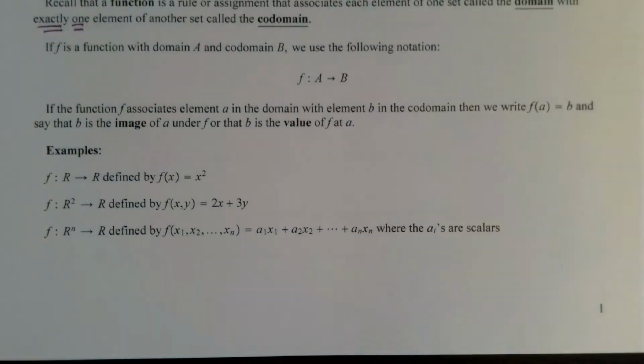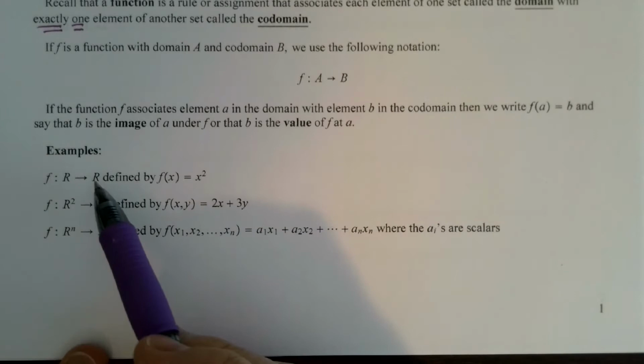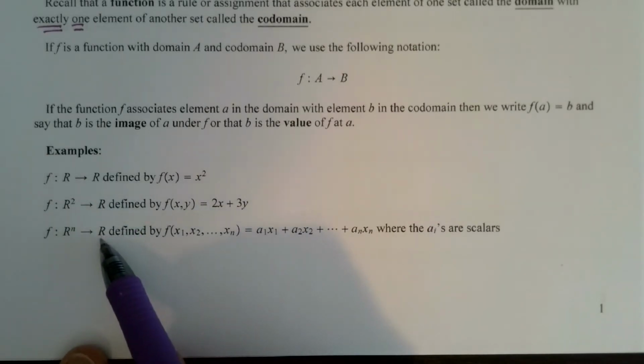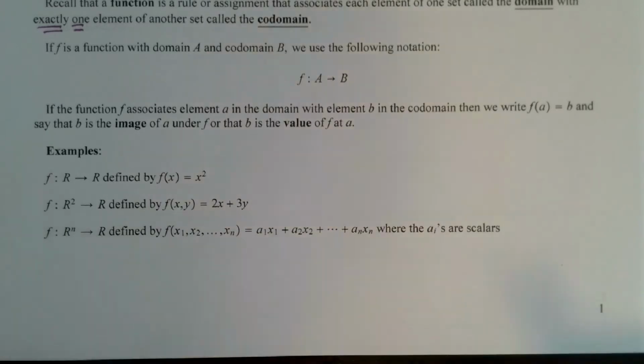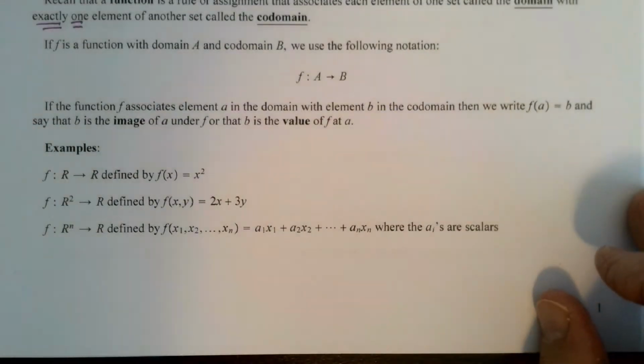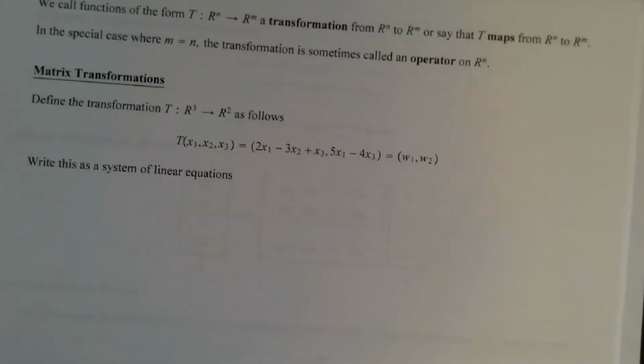Okay, so that's pretty easy, but what we want to get to is one level higher than this. Notice in each of these cases the codomain was the set of real numbers, just 1 space. What happens if it's 2 space or higher for the codomain? Well, that's where we get into what we call a transformation.